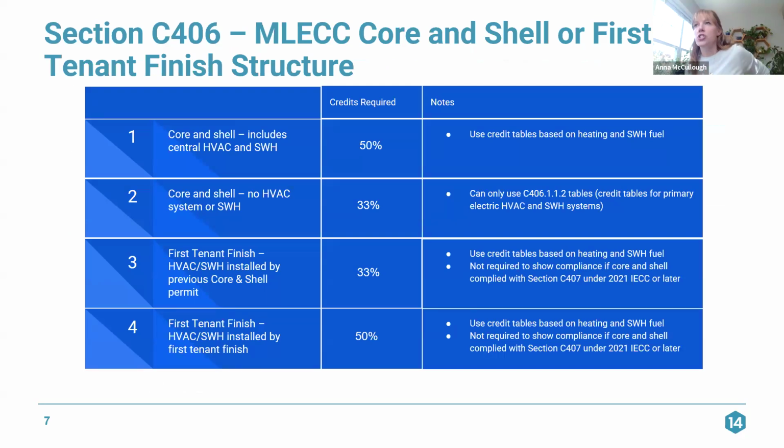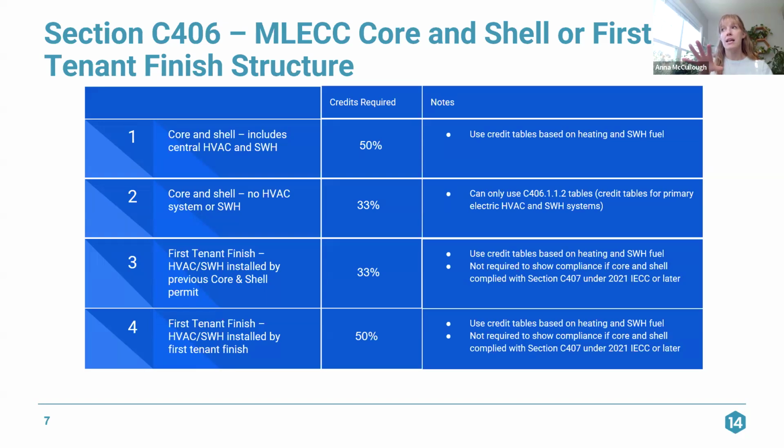The core and shell or first tenant finish structure: if you are including central HVAC and service water heating for the tenants, you have to meet 50% of the credits otherwise required in section C406.